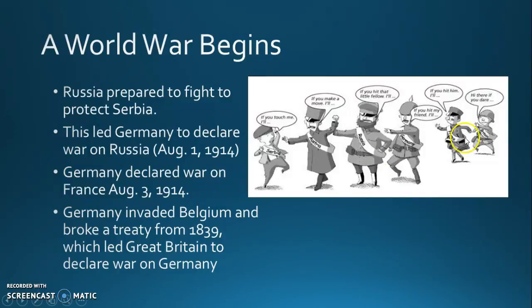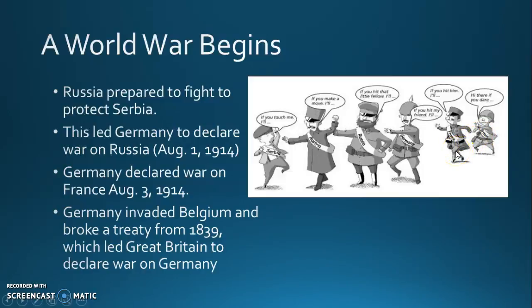If you look at this political cartoon, you have Serbia saying, if you touch me, I'll... And then Austria says, if you make a move, I'll... And then Russia, if you hit that little fellow, I'll... And then Germany, if you hit my friend, I'll... Then you have France and Britain kind of running after him, saying, if you hit him, hi there, if you dare.